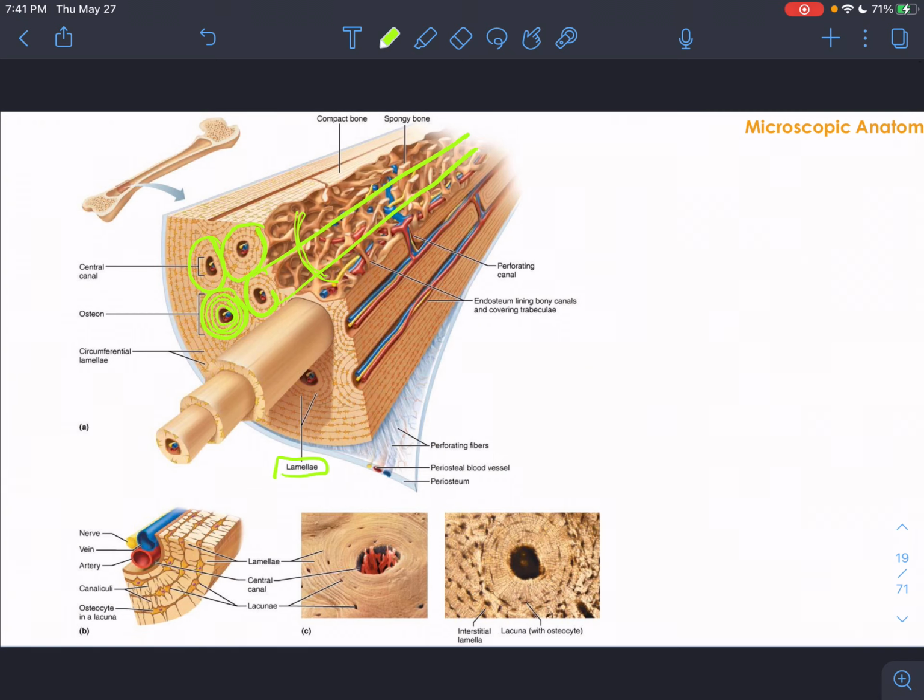In the middle of the osteon, you're also going to have what's called the central canal. You can see that hole right in the middle here. It's going to hold all the veins, nerves, arteries, and all the different things that are running through the bone.